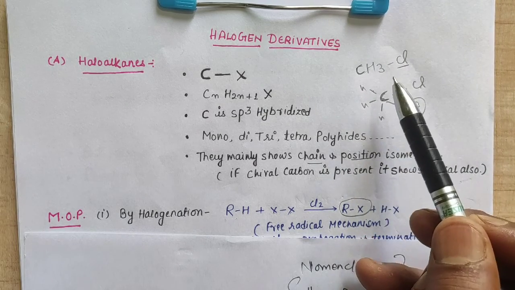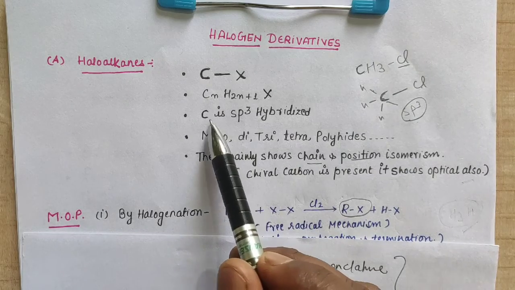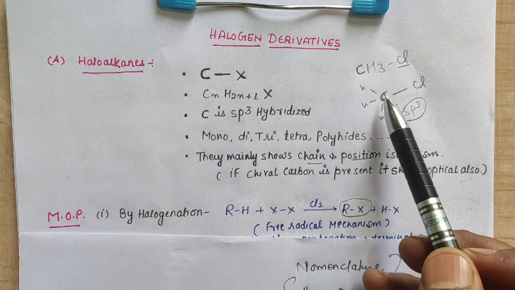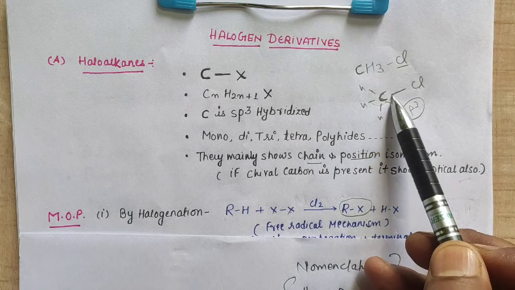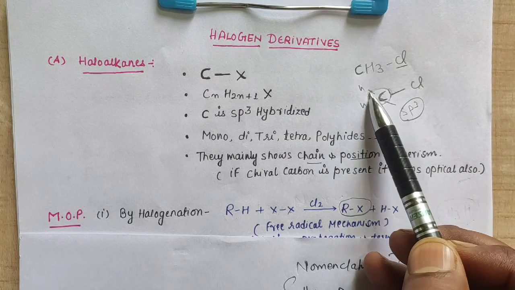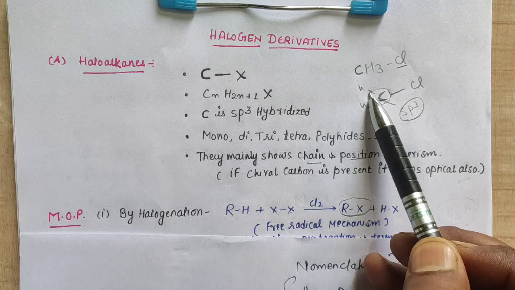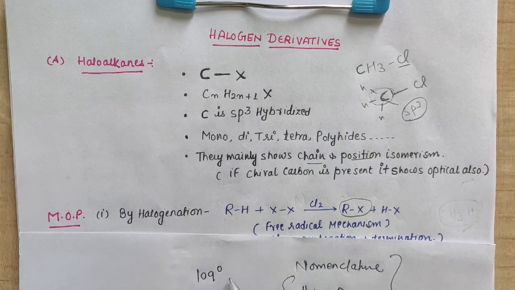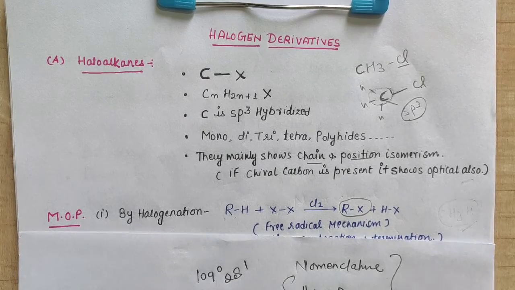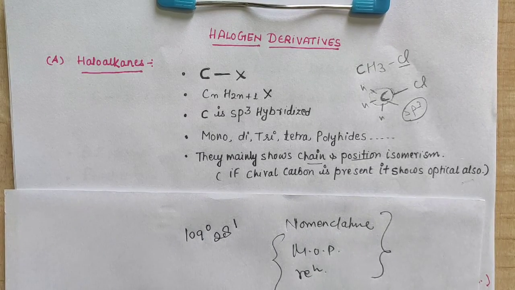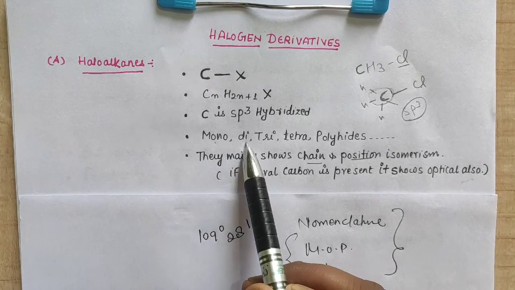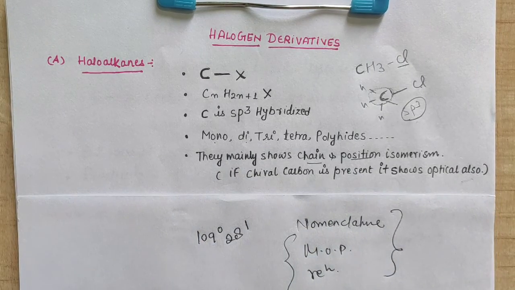This is known as haloalkane, in which the carbon is sp3 hybridized, because you can see very clearly that the carbon is attached with 4 single bonds. So definitely it will be sp3 hybridized, and the bond angle will be 109 degree 28 minute. The classification may be monohalides, dihalides, trihalides, tetrahalides and polyhalides.